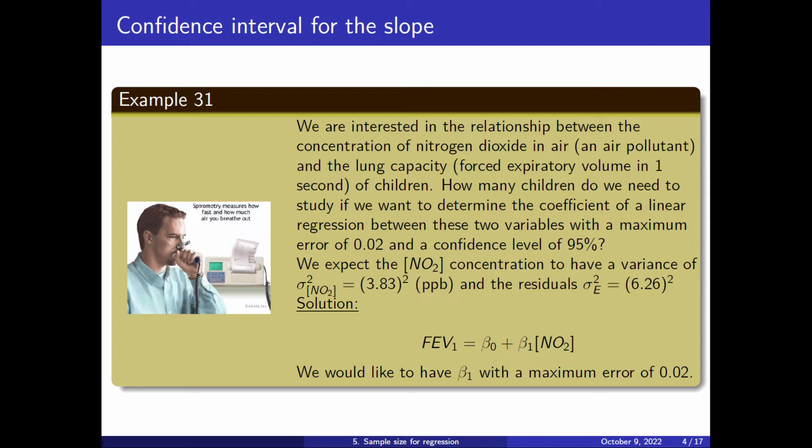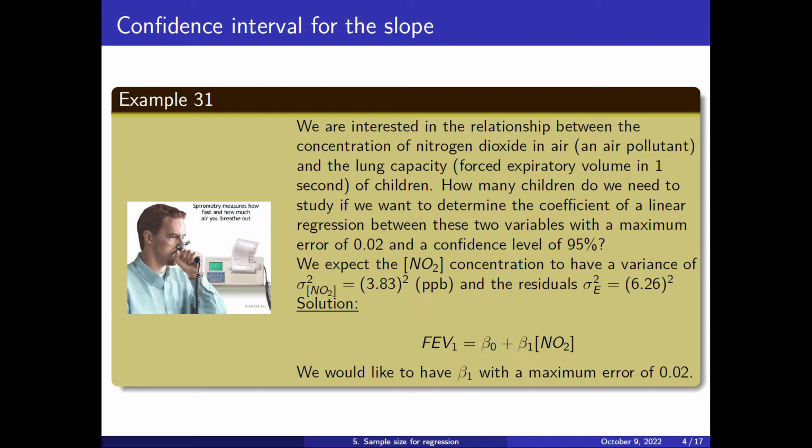Okay, so we want to make a relationship between the concentration of this pollutant and the lung capacity, and then it will be a linear relationship, and we want to construct this confidence interval for beta 1 with a maximum error of 0.02. As we haven't done the experiment yet, to calculate the sample size we need to know a few things.